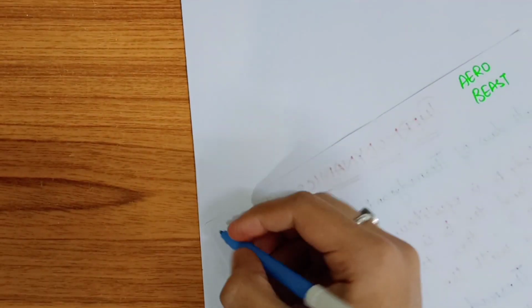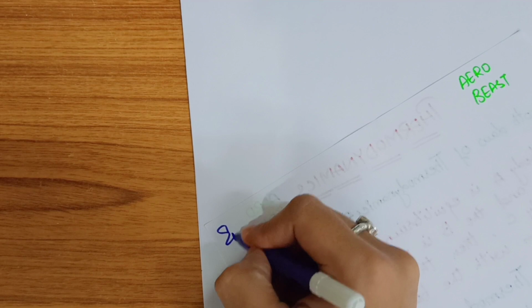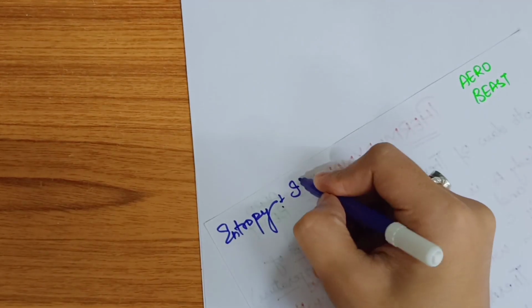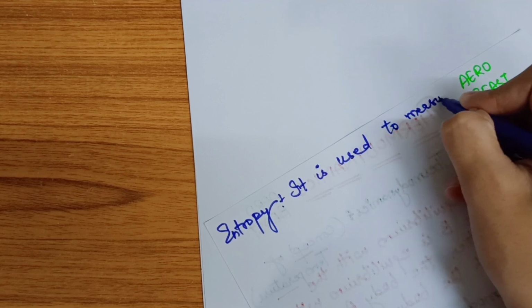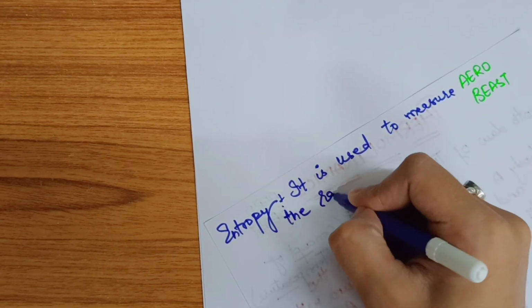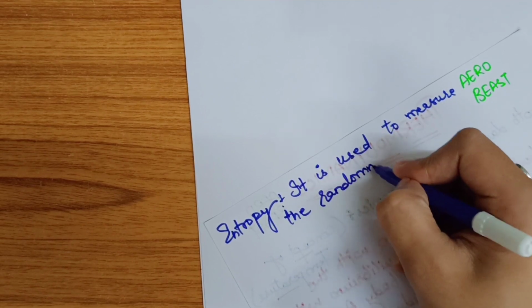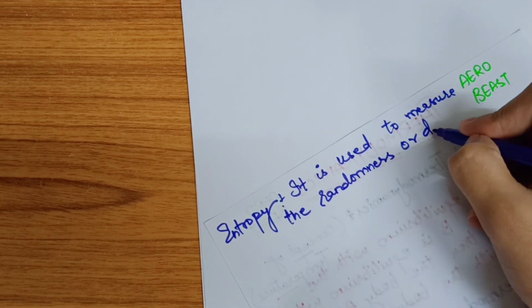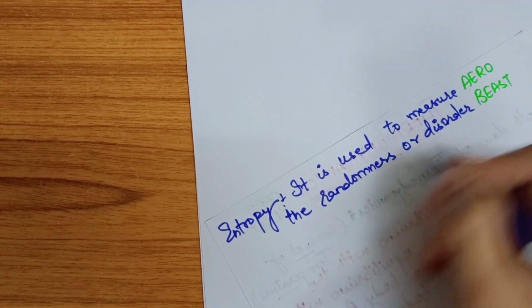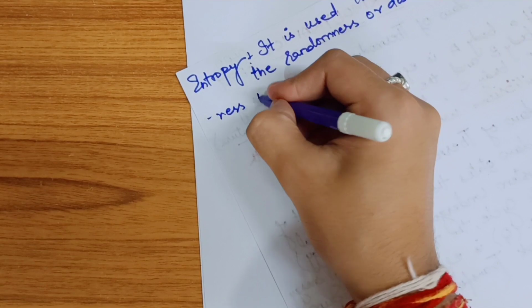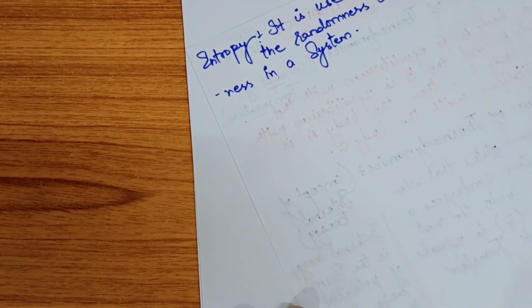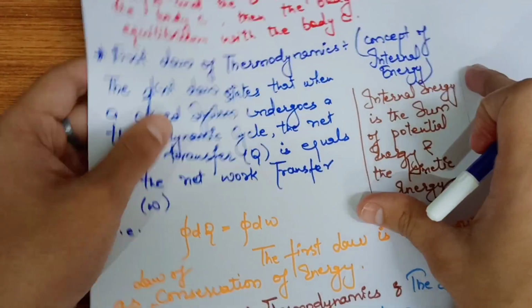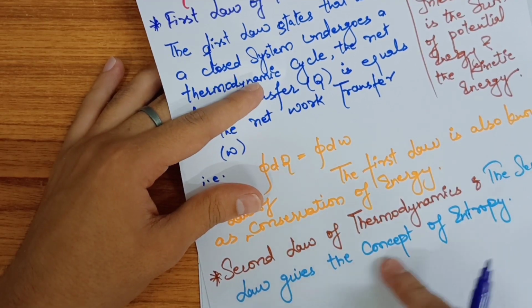Entropy is used to measure the randomness or disorderness in a system. So the second law of thermodynamics gives the concept of entropy.